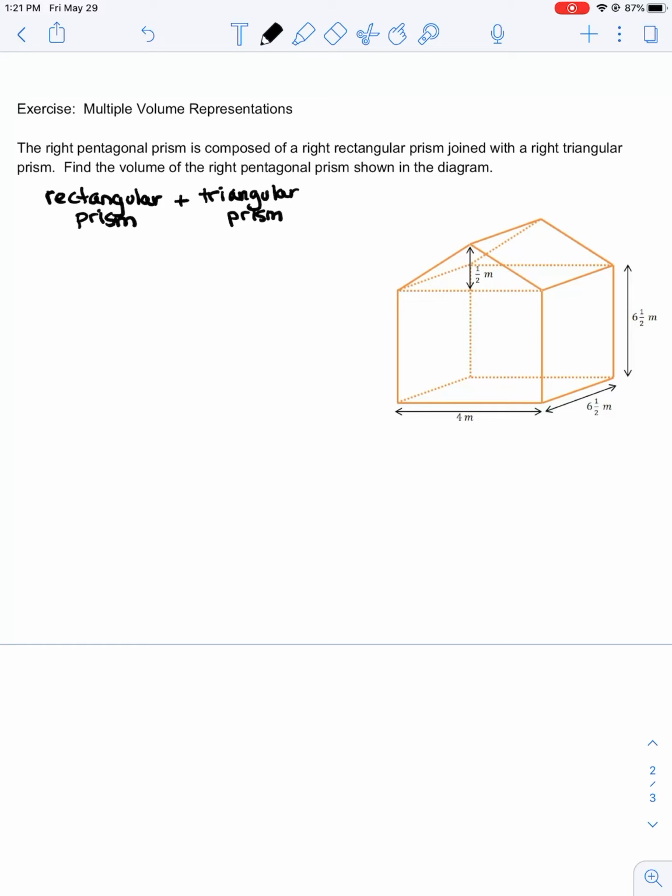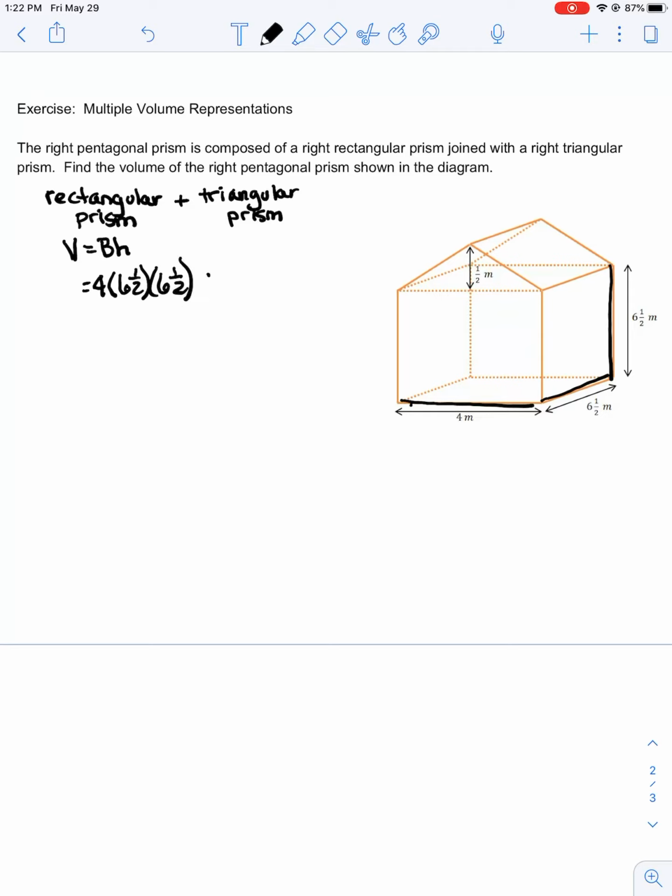So for the rectangular prism, we have capital V equals capital BH. So we have length times width times height. We have the length, which is here, the width, which is here, so 6.5, and then times the height, which is here, which is again 6.5.